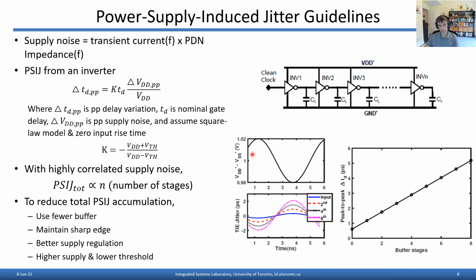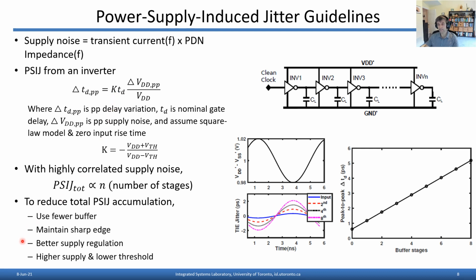So to try to mitigate the accumulation of power supply induced jitter across a global clock distribution network, we want to minimize the number of buffers along the chain. We also want to make sure that we maintain sharp edges, transition times, because we see in this expression that the variation in gate delay is proportional to the rise fall times.